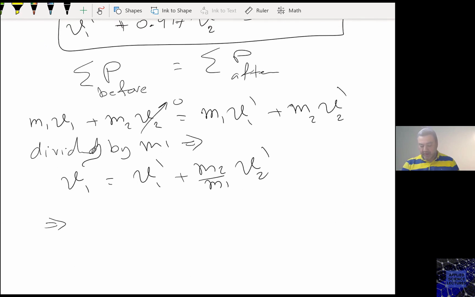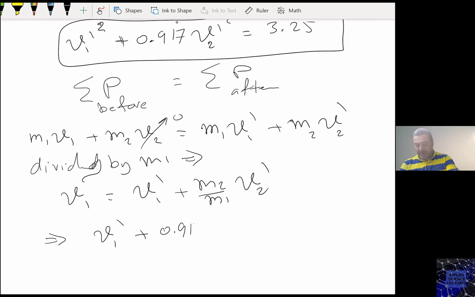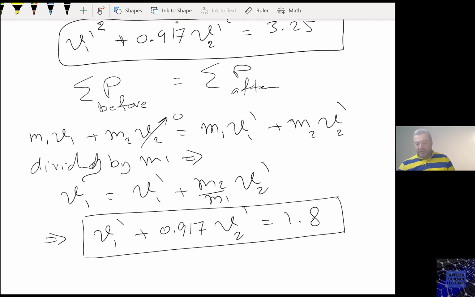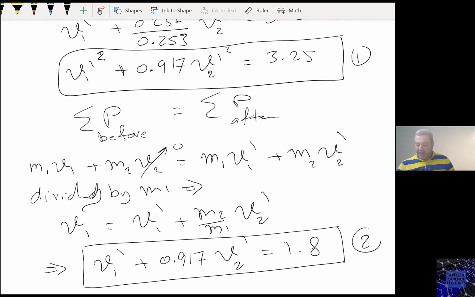Then V1 prime plus the same ratio, 0.917 V2 prime, equals 1.8. This is my first equation. This is my second equation.